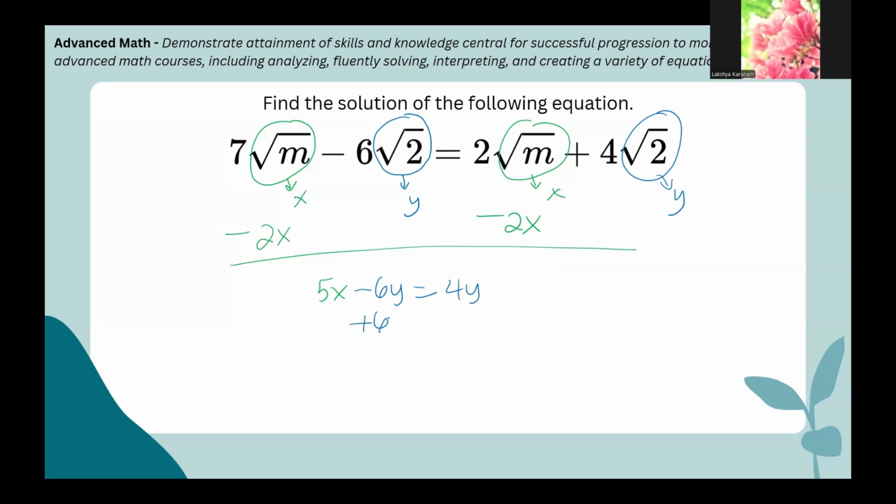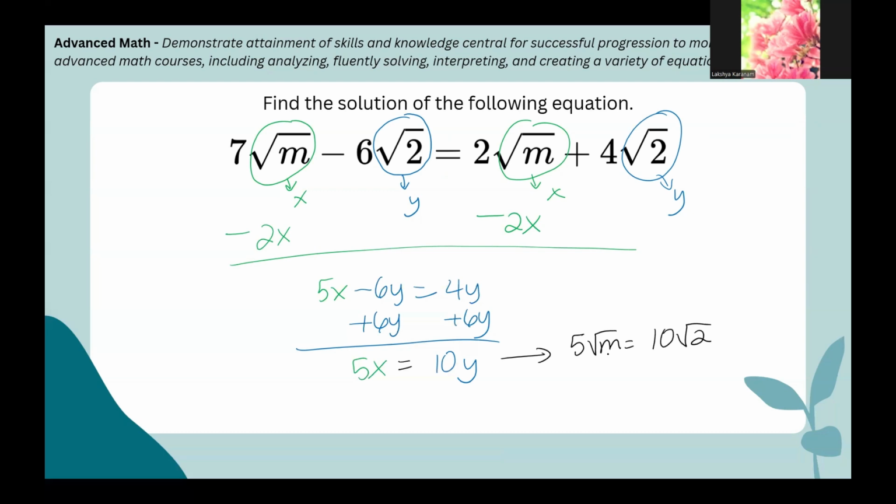So now I can add both sides by 6y to get 10y. So 5x equals 10y. Now let's go ahead and put back all of our variables as they are. So you'll end up with 5 square root m equals 10 square root 2.